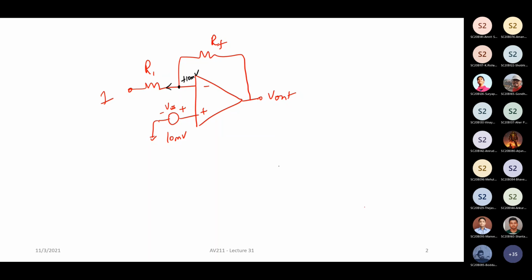Now what is the current that is going to flow in this direction? It is going to be (1 minus 0.01) divided by R1. This is the current that is flowing. And what is V out? V out is going to be this 0.01 minus this current multiplied by RF, and you'll basically get the output voltage.